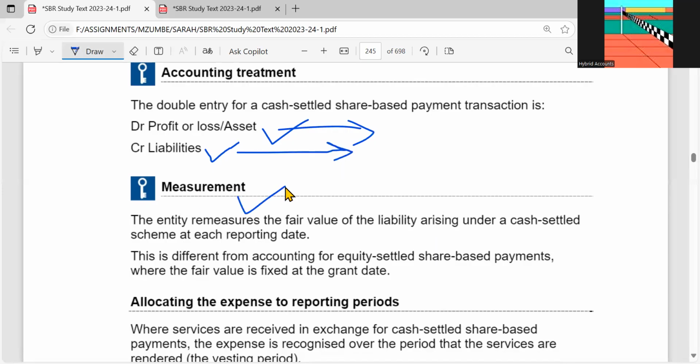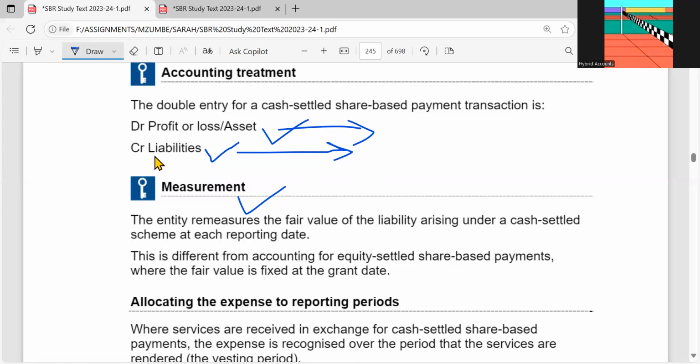We resort to measurement. On equity settled, we use the fair value of instruments at the grant date. But since this is a liability and it is settled in cash, we should have a reflection of the actual value. And so we would be taking the fair value at the end of each period rather than basing all the years on the fair value at grant date. We won't do that.